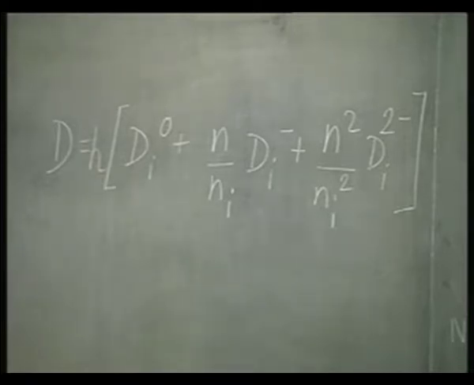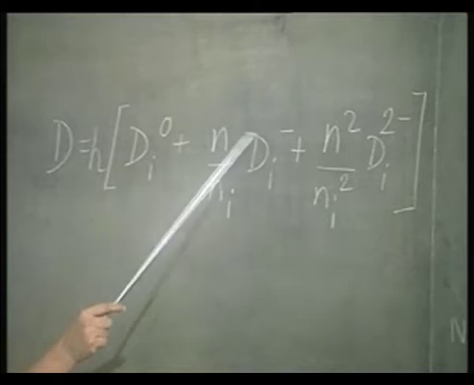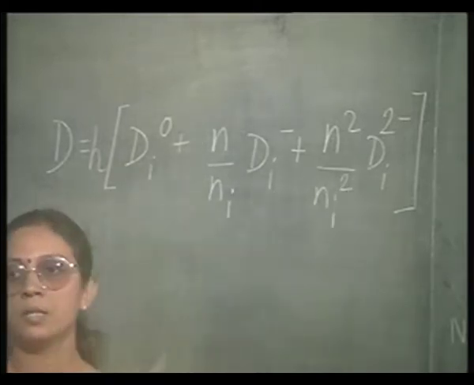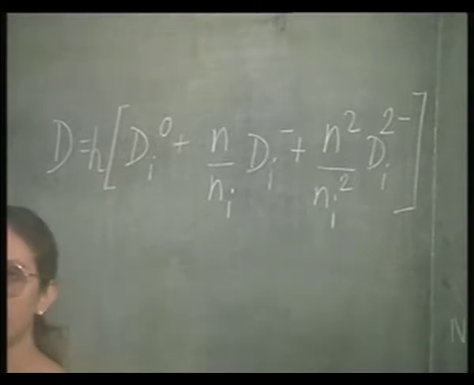In case of phosphorus, the diffusion coefficient is given by this, that is H, the field enhancement factor, then I have Di0, then I have Di minus multiplied by n by ni, and then I have Di2 minus multiplied by n square by ni square.